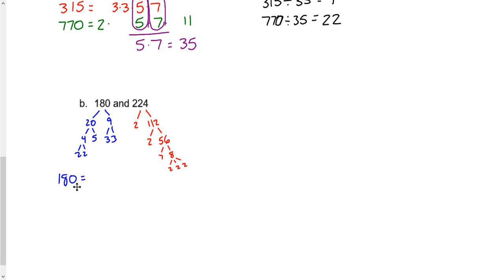So if I do my work, I have 2 2s in my 180. Now I'm going to be leaving space because I can also see that I have 5 2s in my 224.